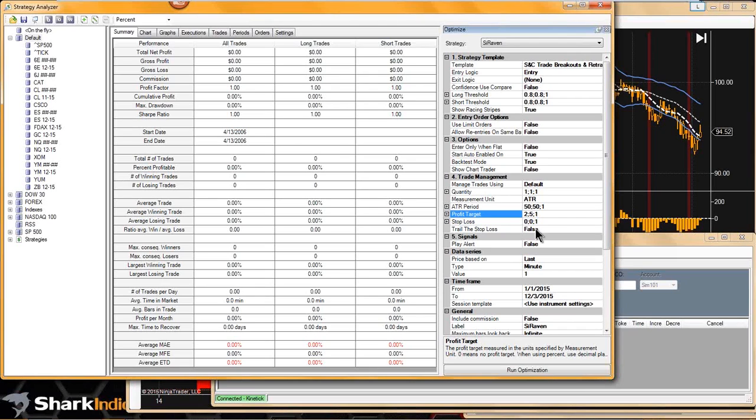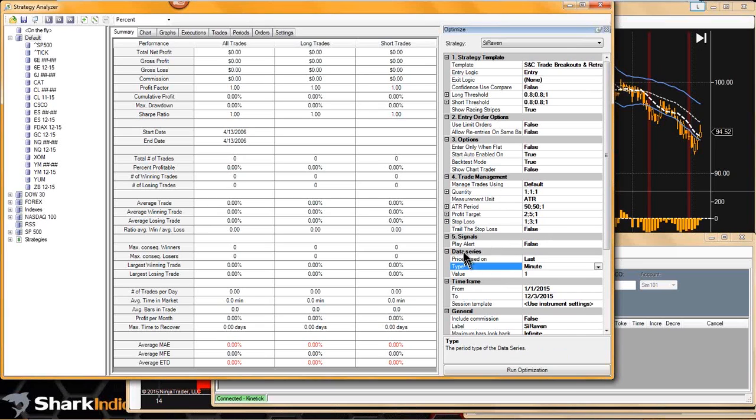I was going to do an increment of 2, but we'll leave it at 1. And let's set our stop loss to 1 ATR to, I don't know, a maximum of 3 ATRs with an increment of 1. I'm setting up a very small range here just so that it calculates quickly. We don't want to be sitting here for half an hour waiting for NinjaTrader to calculate all this stuff. So just set up a small range.